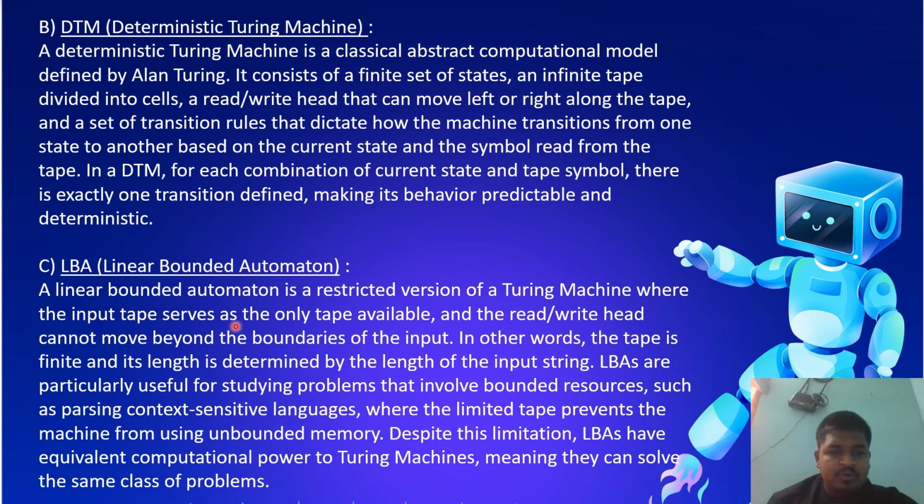LBAs are particularly useful for studying problems that involve bounded resources, such as parsing context-sensitive languages, where the limited tape prevents the machine from using unbounded memory. Despite the limitation, LBAs have equivalent computational power to Turing machines, meaning they can solve the same class of problems.